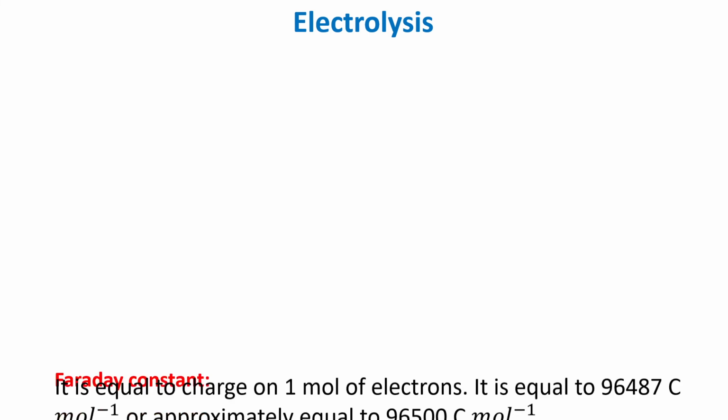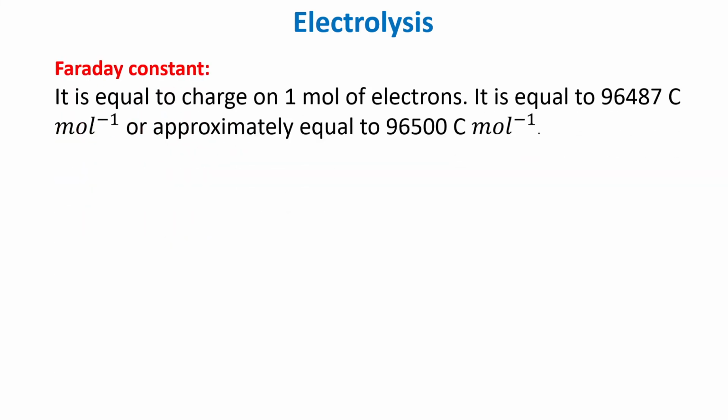Now coming to electrolysis. Electrolysis is basically when you pass electricity in order to carry out a non-spontaneous reaction. To understand electrolysis, first you need to understand the Faraday constant. It is equal to the charge of 1 mole of electrons.